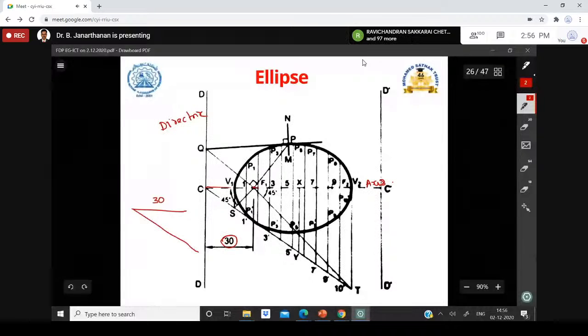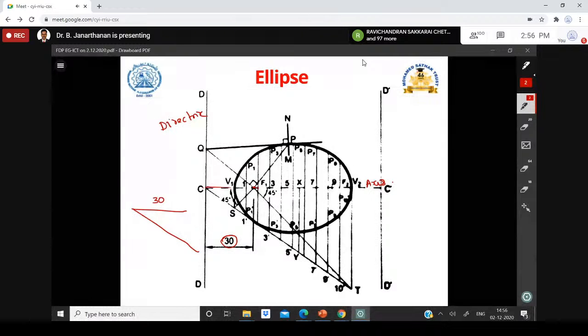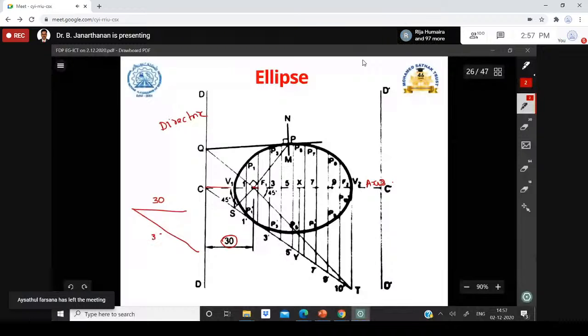If you want to divide this 30 mm into 7 parts, there is a very simple procedure. You draw a line at any angle which can be easily divided into 7 parts. You can think of 35 mm, which can be easily divided into 7 parts of 5 mm each.